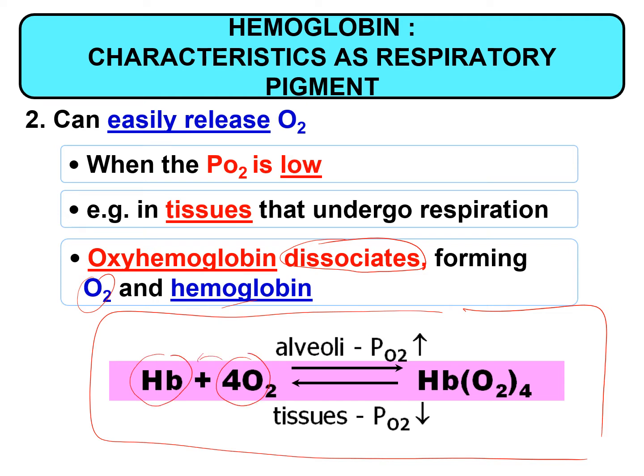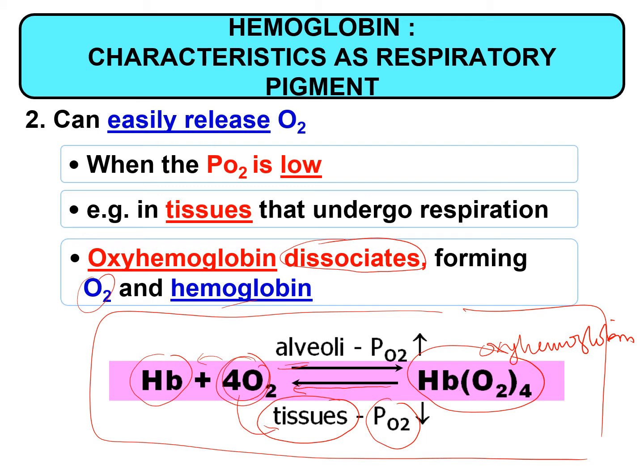This occurs in the alveoli, forming oxyhemoglobin. When the oxyhemoglobin reaches respiring tissues, the partial pressure of oxygen is low, so oxyhemoglobin will dissociate and release oxygen. So oxygen will diffuse into the tissue.